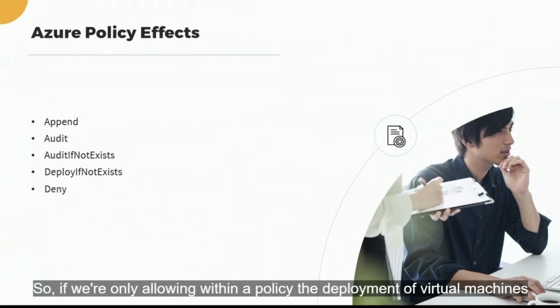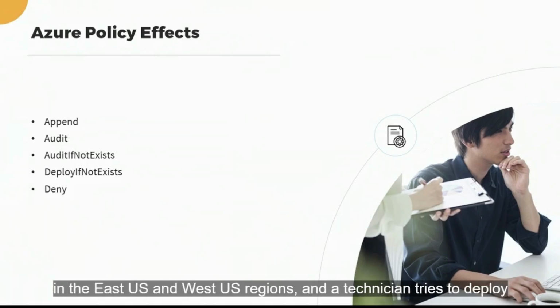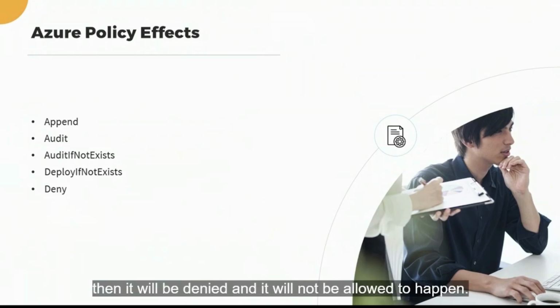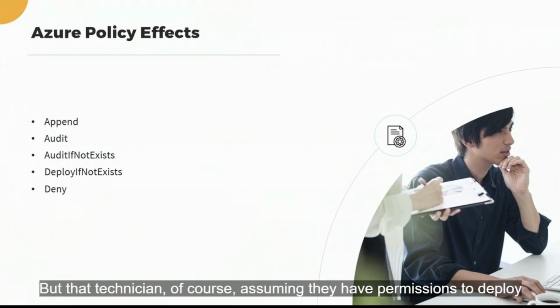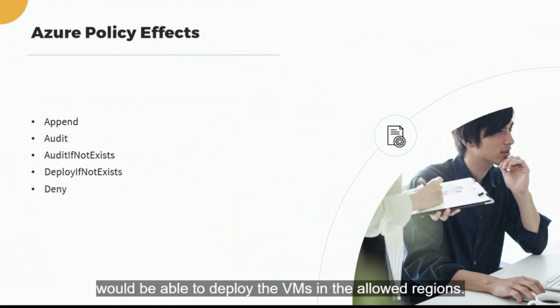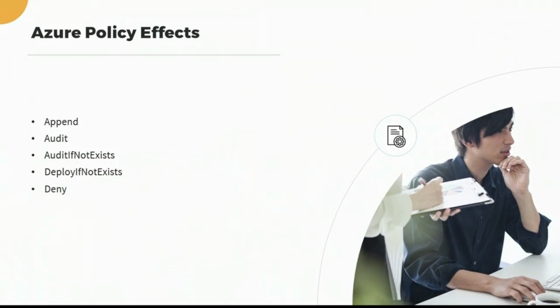So if we're only allowing within a policy the deployment of virtual machines in the East US and West US regions, and a technician tries to deploy something in Canada Central, then it will be denied and it will not be allowed to happen. But that technician, of course, assuming they have permissions to deploy virtual machines in the first place, would be able to deploy the VMs in the allowed regions.